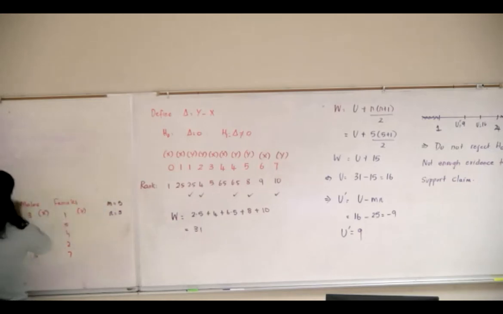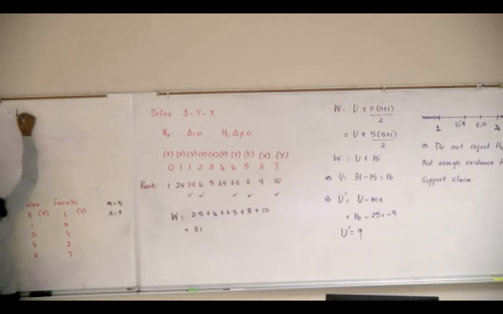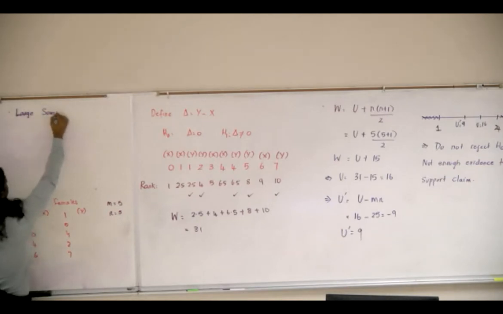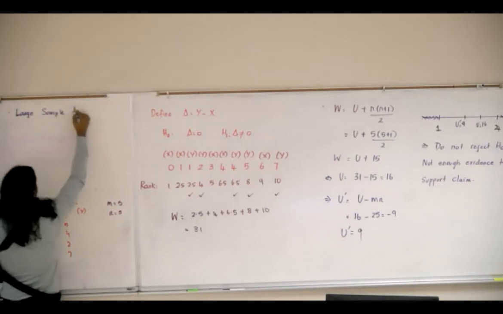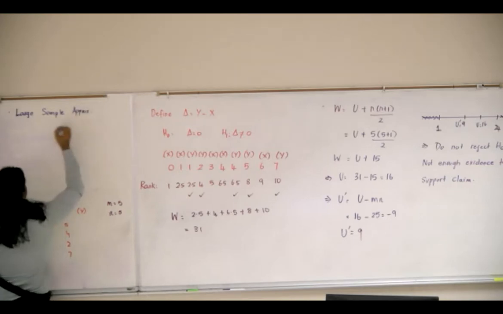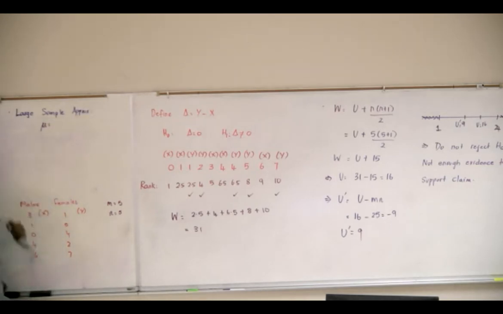Now, this is a large sample approximation. Excuse me, this is a rank sum test with ties. So when we get to the large sample approximation, the standard deviation will slightly change. The mean mu is not going to change, still mn divided by 2.